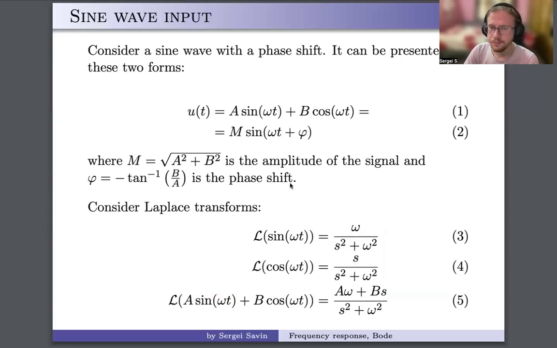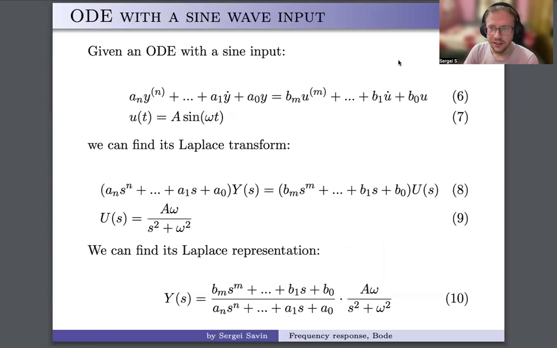Okay. Now we have seen basic ideas of what a harmonic signal is. Let us try to do the Laplace transform of this equation with a harmonic input. So we start with just considering the ODE.